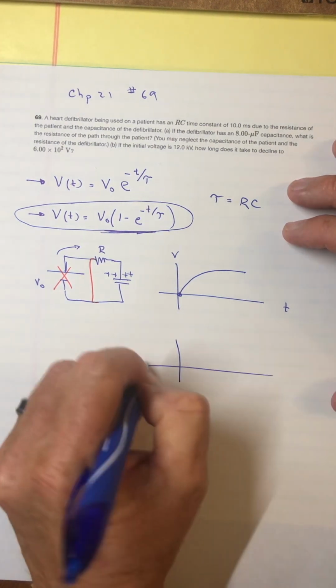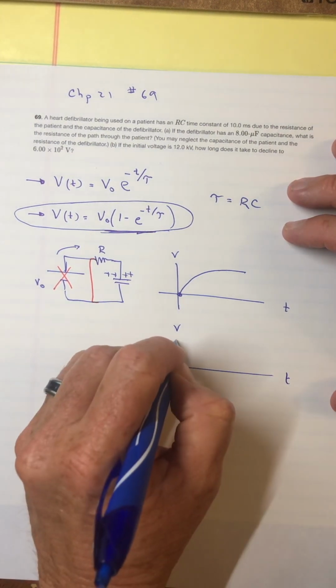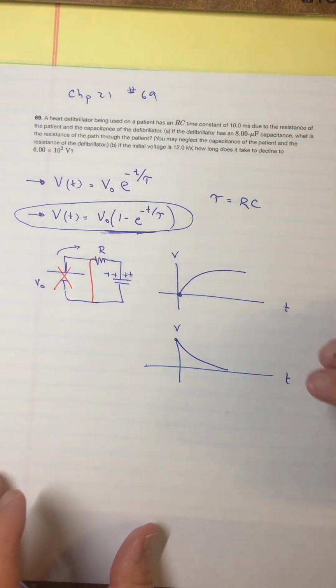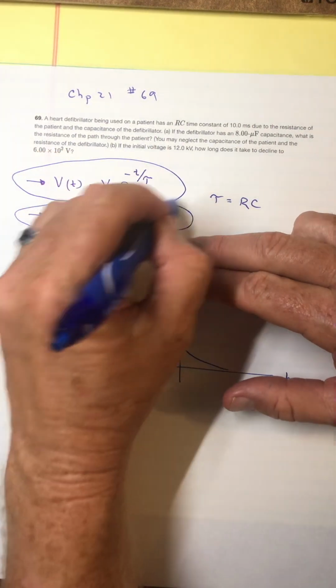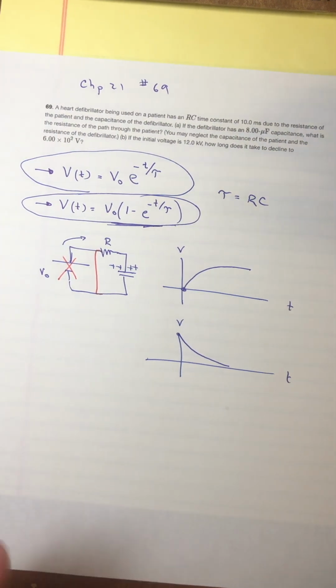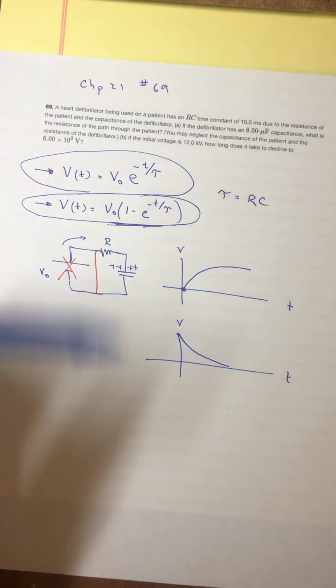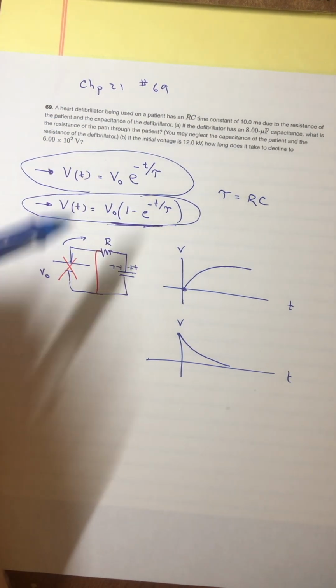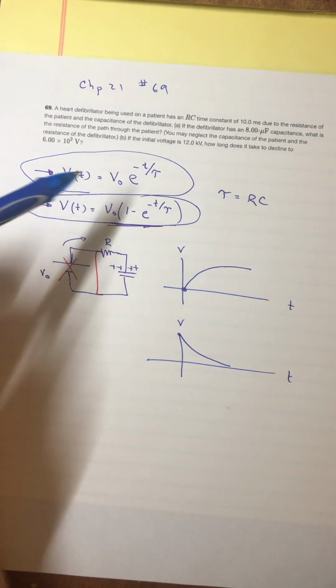And so the voltage as a function of time would look like this. It would decay away. And in that situation, you would use this equation. And like I said, that's kind of the crux of this question. We're going to have to decide along the way as we read this: are we charging up a capacitor or are we discharging it?